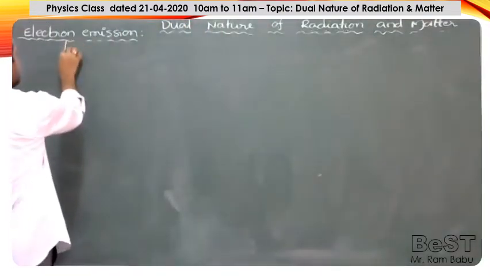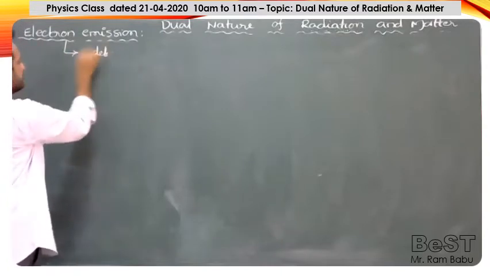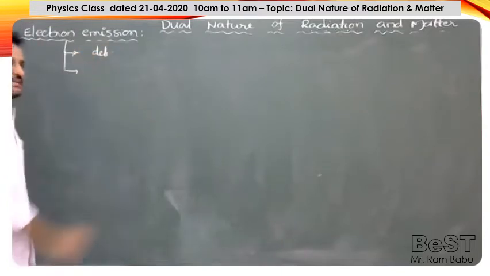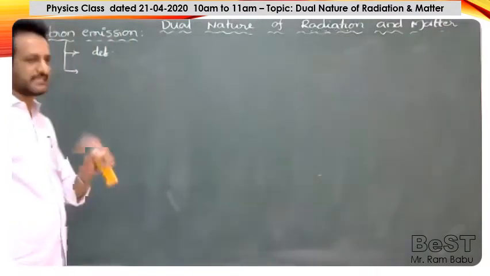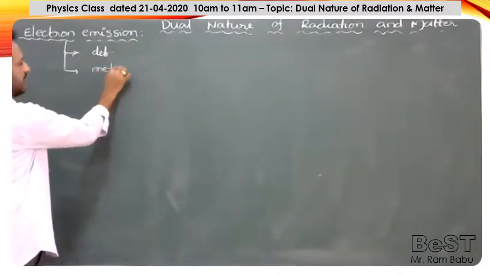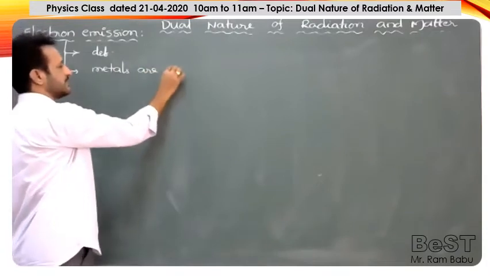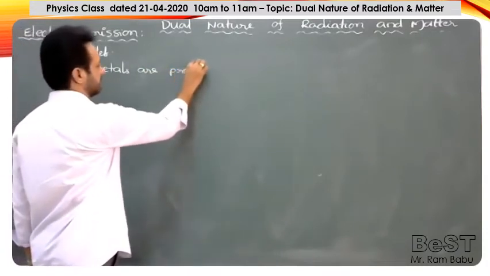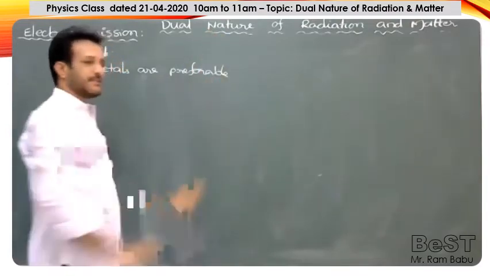For electron emission, which substances are generally preferable? Metals. For electron emission, metals are preferable. Why are they preferable?